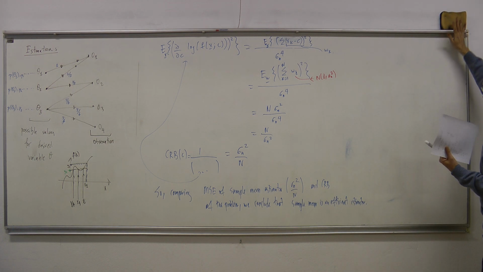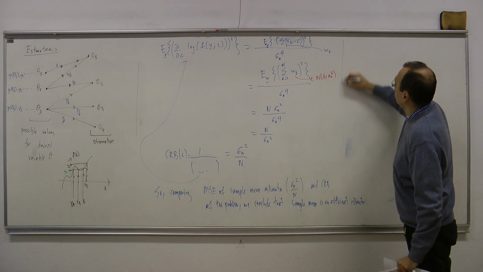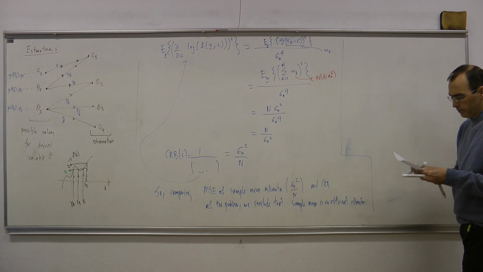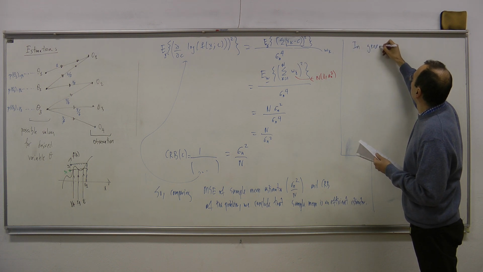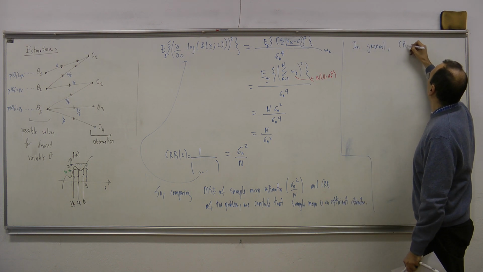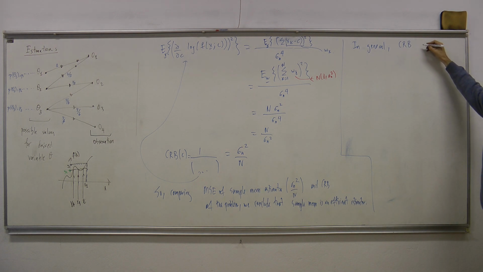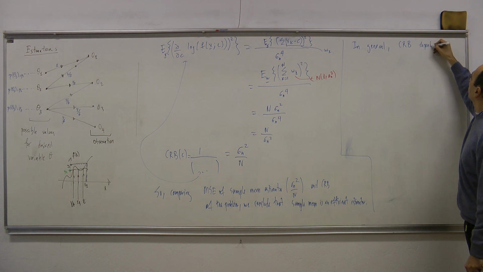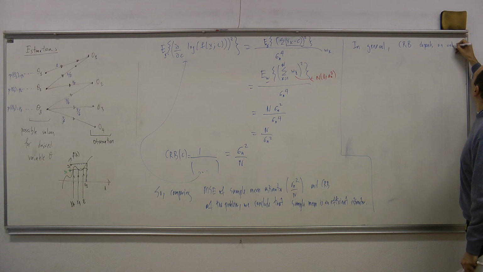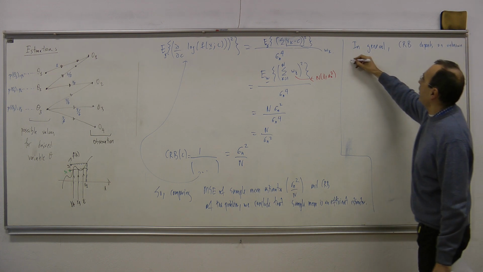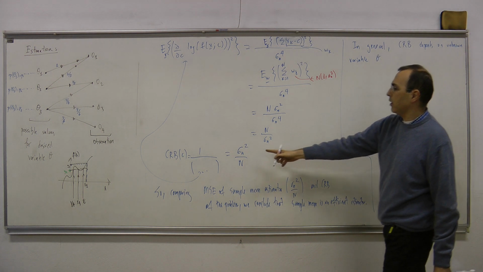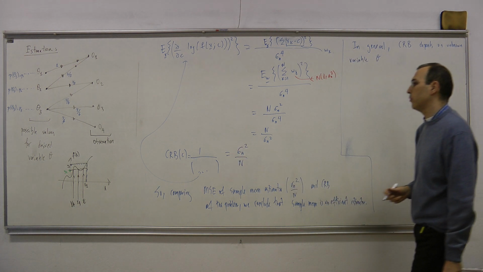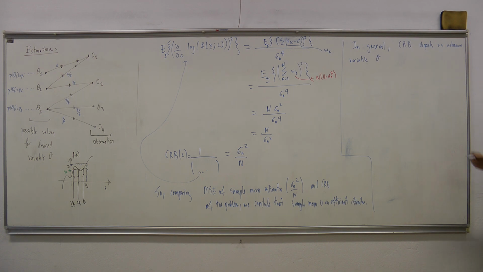Okay. So let me write a general comment. So in general, the Cramer-Rao bound depends on the unknown variable theta. But in this case, it does not depend on theta. So this is not a function of c in this example.